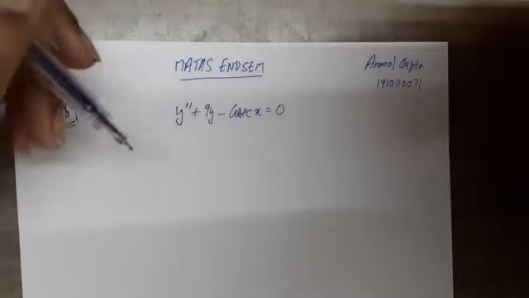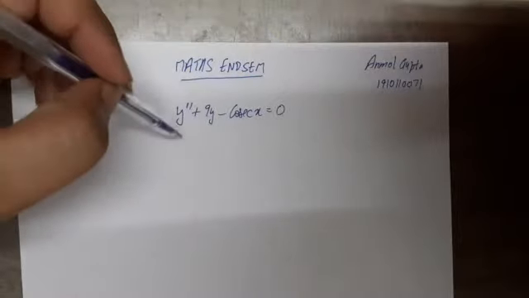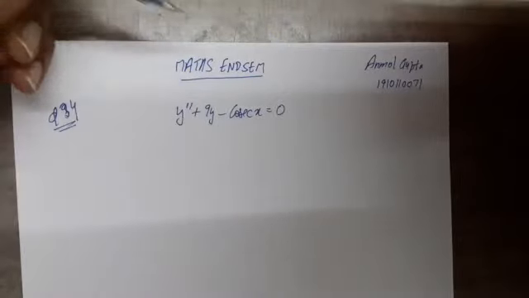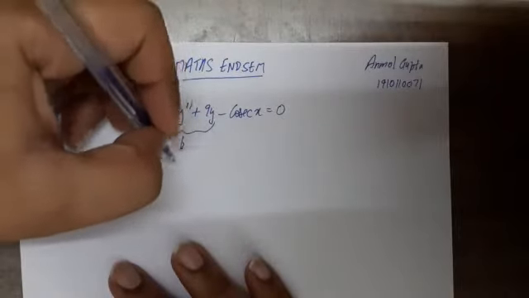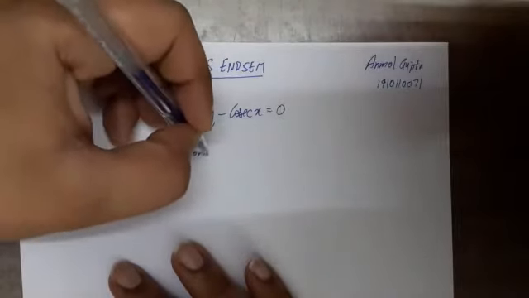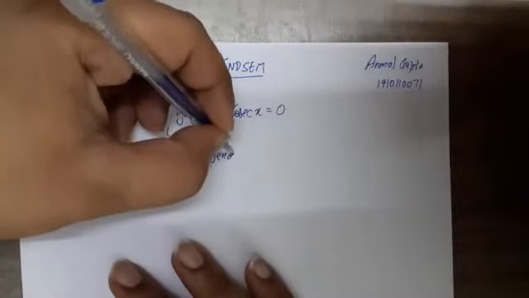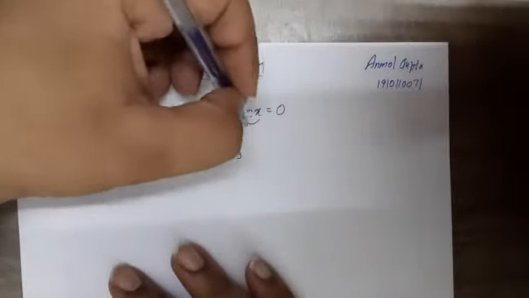So the question 4 is this. Here we are given a second order non-homogeneous differential equation, in which this part is the homogeneous part or the general solution part, whereas this is the particular part.